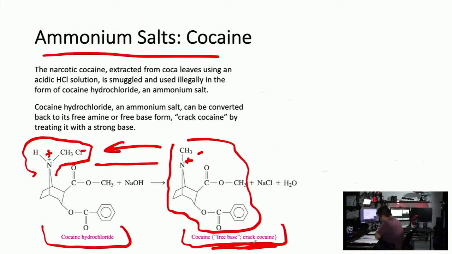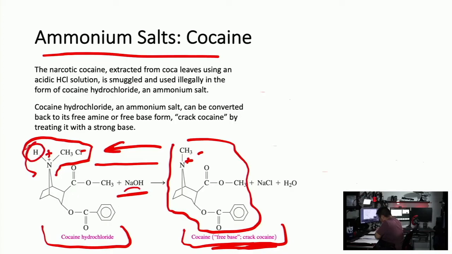So if you wanted to turn cocaine hydrochloride to crack cocaine, all you would have to do is treat it with some sodium hydroxide, and what you get left over is this hydroxide here, right? taking off this proton.